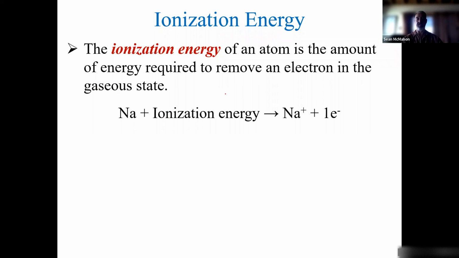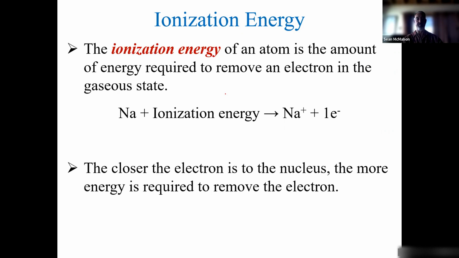What's another trend? Ionization energy, the amount of energy required to remove an electron. So the closer the electron is to the nucleus, the harder it is to pull away the electron. So obviously, smaller atoms, it's harder to remove their electrons because their valence shell is closer to the nucleus.